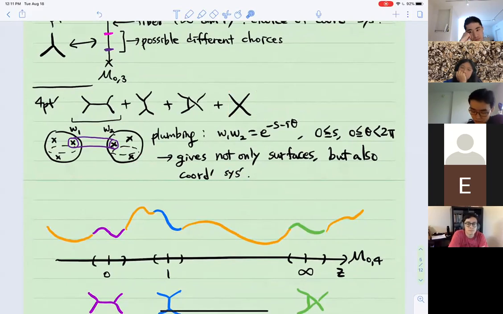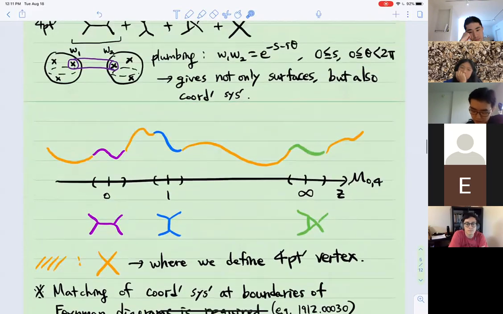Okay. So here you make a choice for this 4-point vertex. This is where you define what you mean by 4-point vertex. Okay. And there are many choices you can make. You can either make it like this, or you can have something like this. But there is a condition that coordinate choices have to match between the boundaries of different Feynman diagrams. That's related to the null-state decoupling.